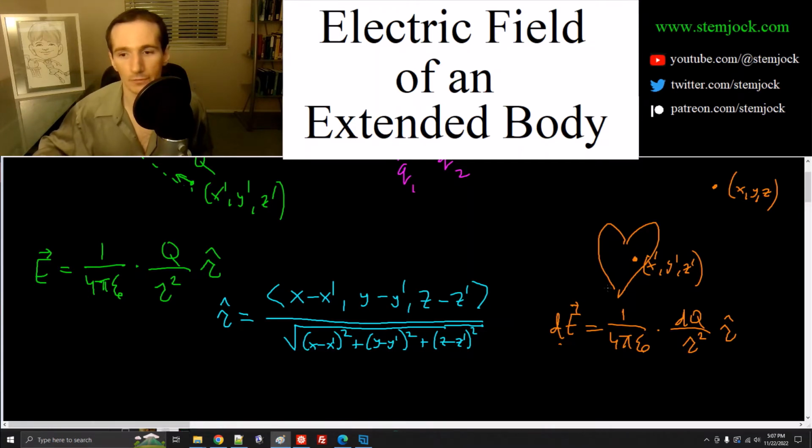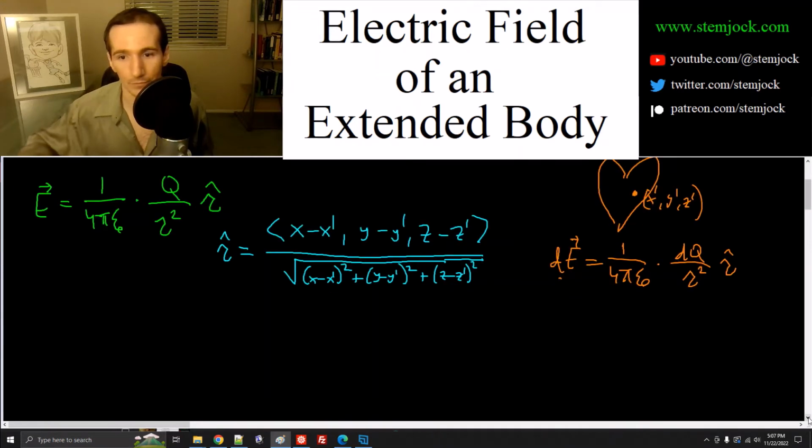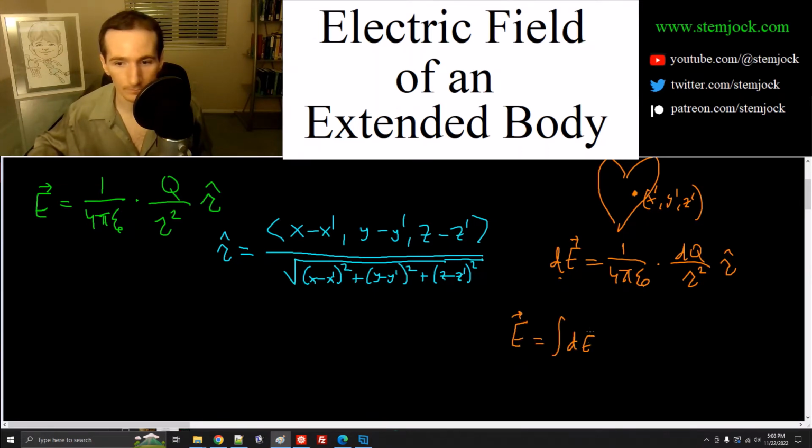Now, this equation here is the electric field due to a single infinitesimal portion of charge on that extended body at the point. And to obtain the total electric field, E, we have to integrate dE.